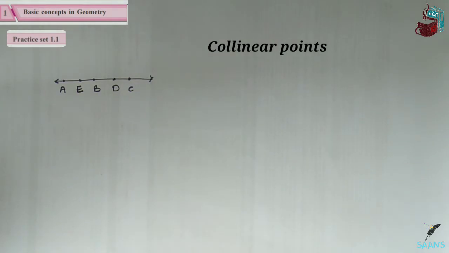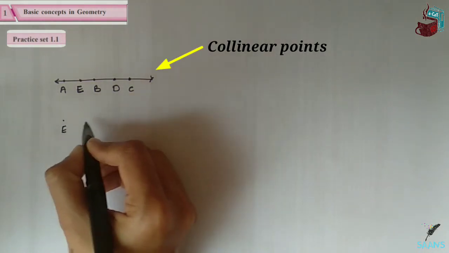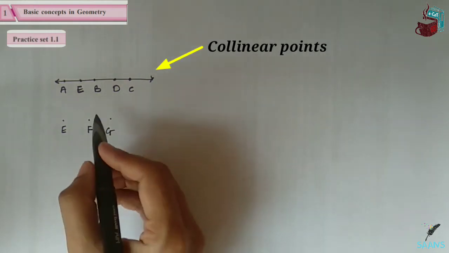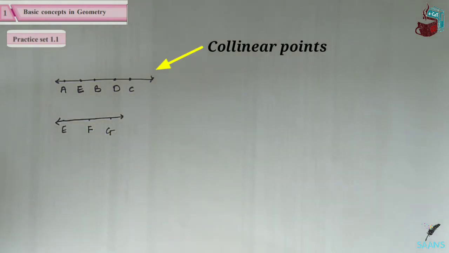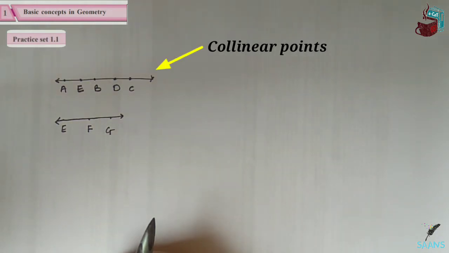When they lie in a straight line, those points are called collinear points. Or to do it the other way around, they are in a straight line, they together come to make a straight line. So these E, F, G are called collinear points.